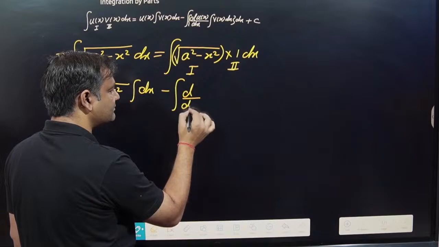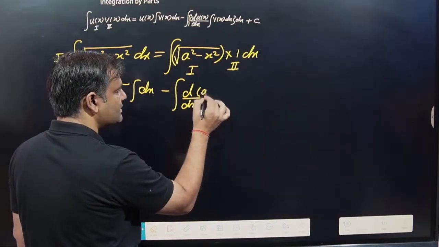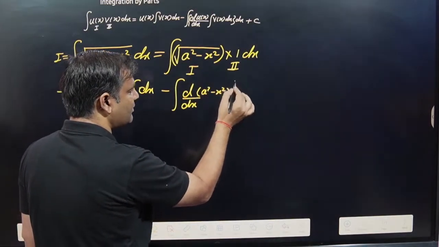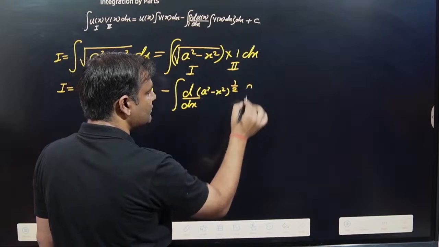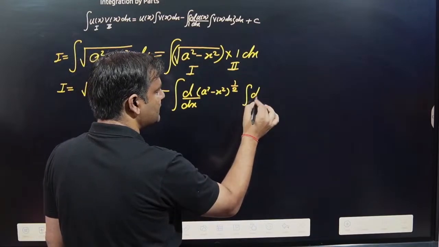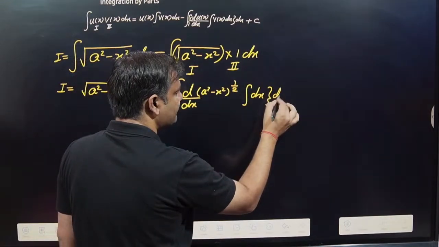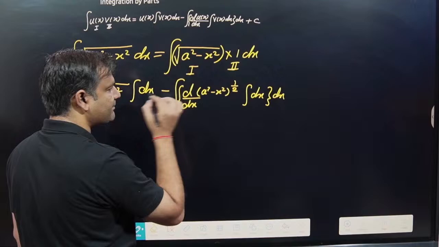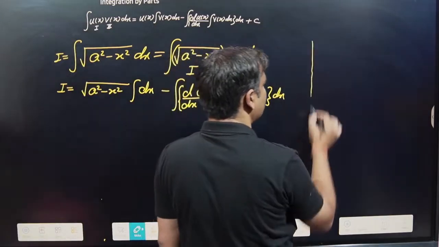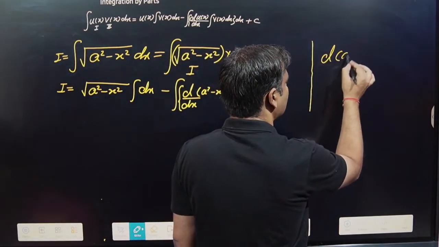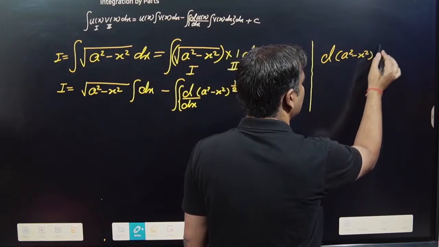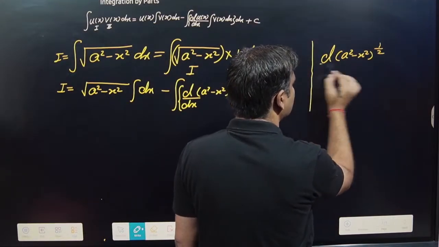the integral of the differentiation of a square minus x square to whole power 1 by 2, into dx, into whole integration. Clear? I know the differentiation of a square minus x square to whole power 1 by 2 with respect to x.